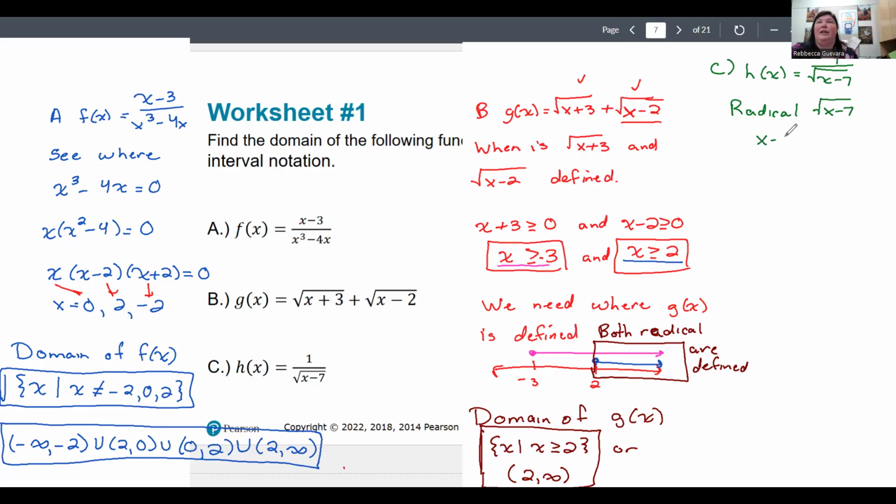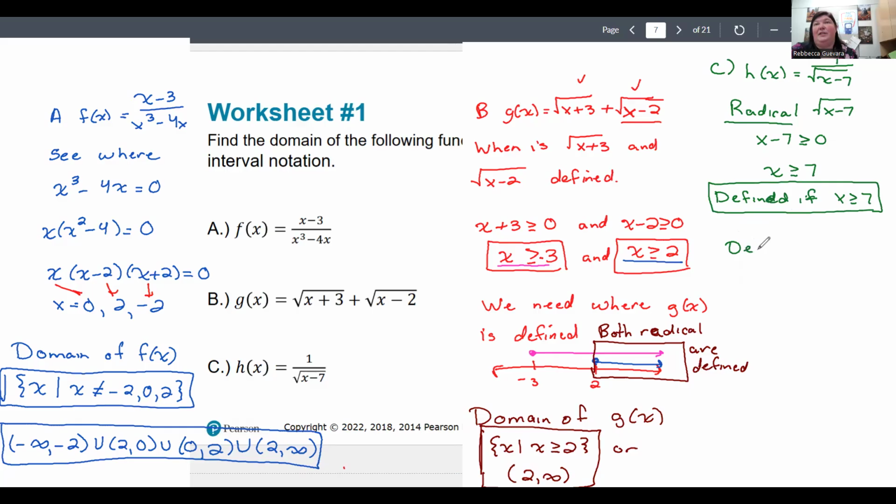So we need to know when x minus 3 will be equal to or greater than 0. If we add 3 to both sides, this part stays defined as long as x is greater than or equal to 3. So that's when you look at the radical.